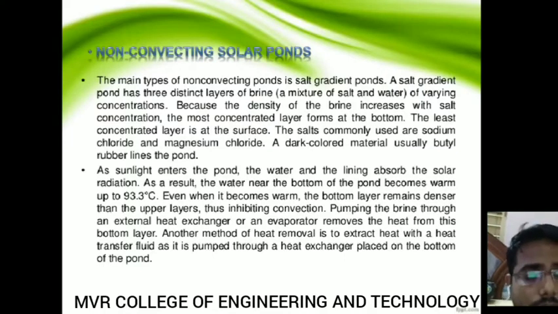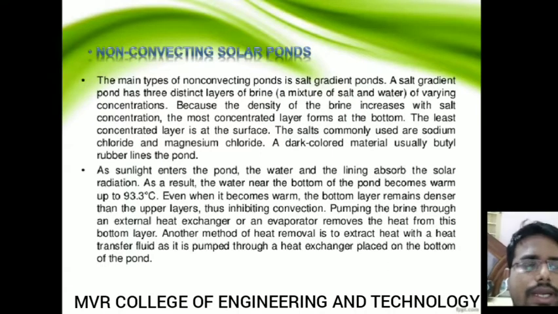I have already shown the picture of the solar pond. There are 3 layers: the top layer, the bottom layer, and another intermediate layer. At the top layer the cold water will be there, and the intermediate layer is the heat absorption layer.